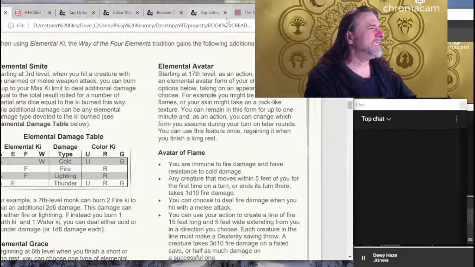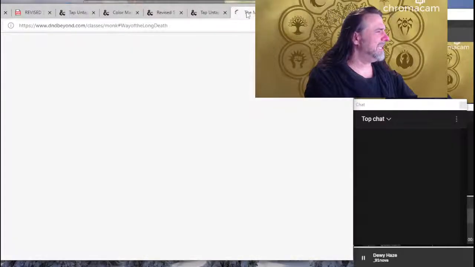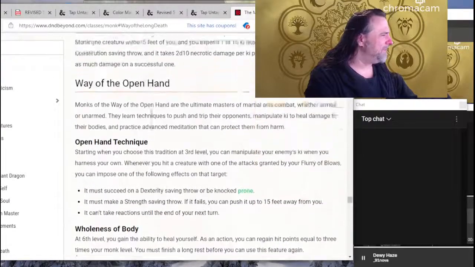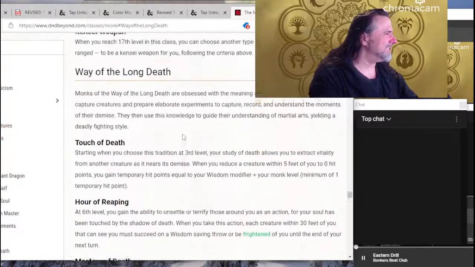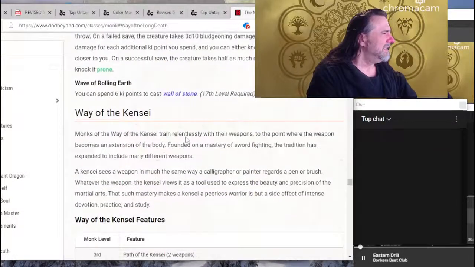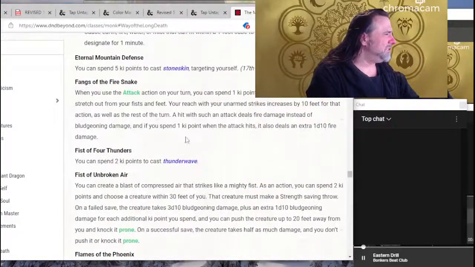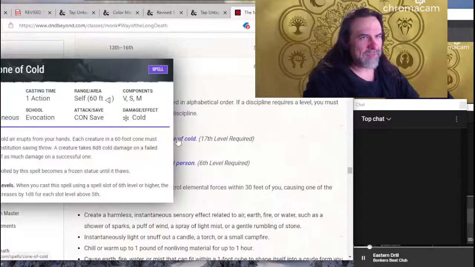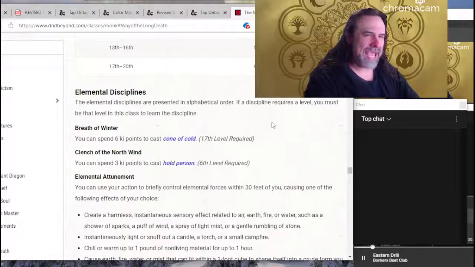In fact, it's really curious because, let's see if this populates. The way of the, where is it? Let's scroll up here to Long Death. The 4 elements. So there's 17 disciplines that you can learn if you take the way of the 4 elements.